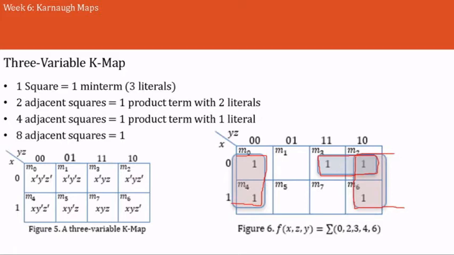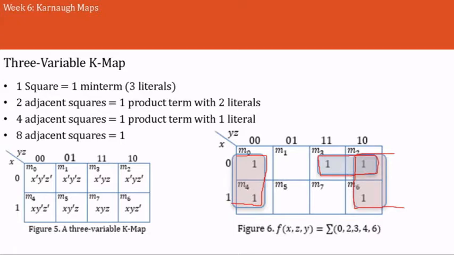So let's start with the first group, which has 4 adjacent squares. Again, we are going to look for similarity, if they have the same value of x, y, or z. First, let's look at the value of minterm 0. What is the value of x for minterm 0? The value of x for minterm 0 is x prime because x is equal to 0.